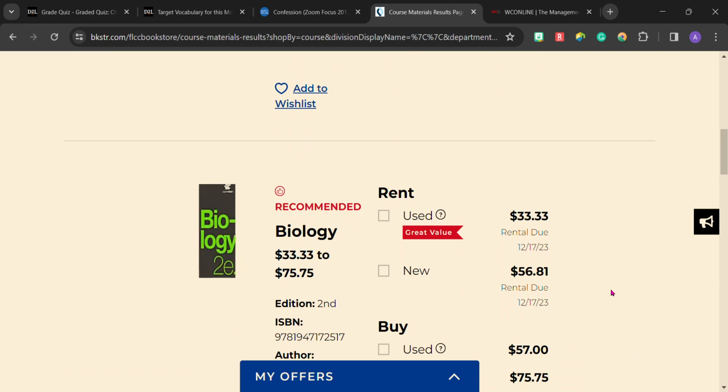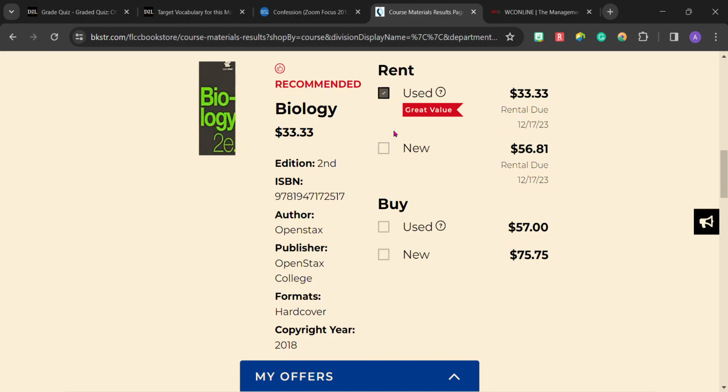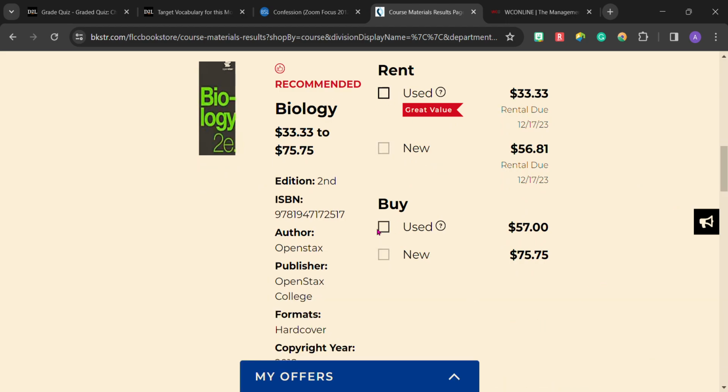Moving further down, it also says that this book right here, Biology 2E by OpenStax, is also recommended for the course. It does say here that you can rent it, used or new, or you can buy it. However, a little bit more research on Biology 2E from OpenStax reveals that it is a free online book.